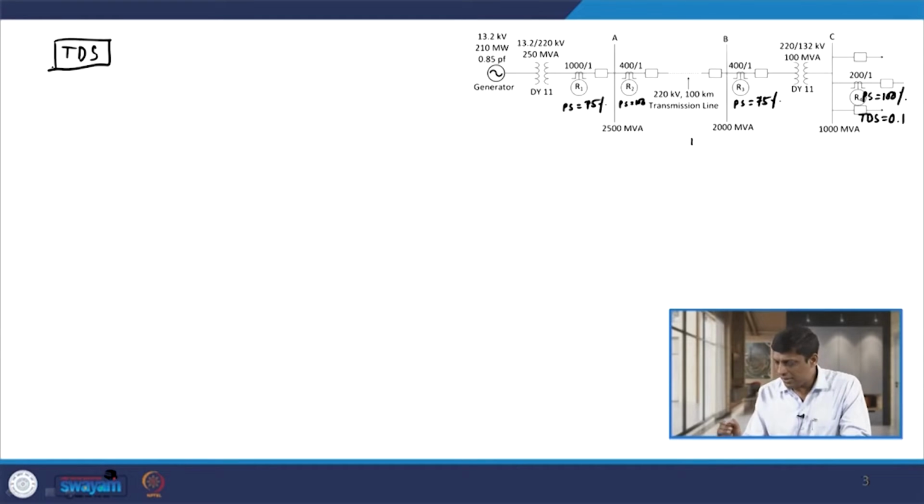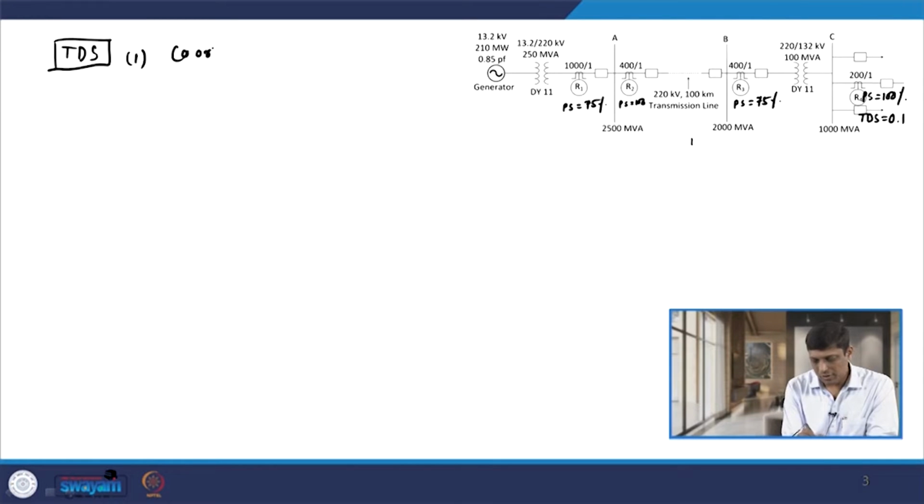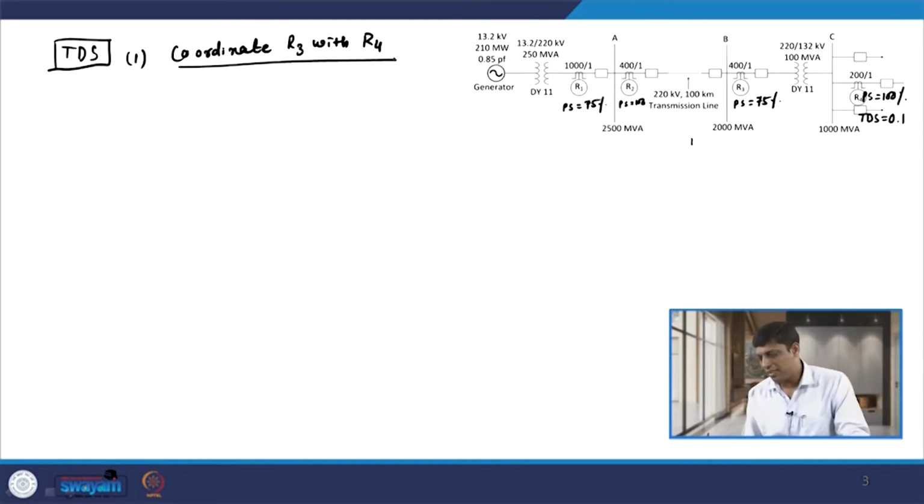So let us start with the time dial setting of relay R3. First we coordinate relay R3 with R4. The reason is the TDS of R4 is given as 0.1. When we coordinate relay R3 with relay R4, you can see that the highest fault level, given near relay R4, is 1000 MVA.